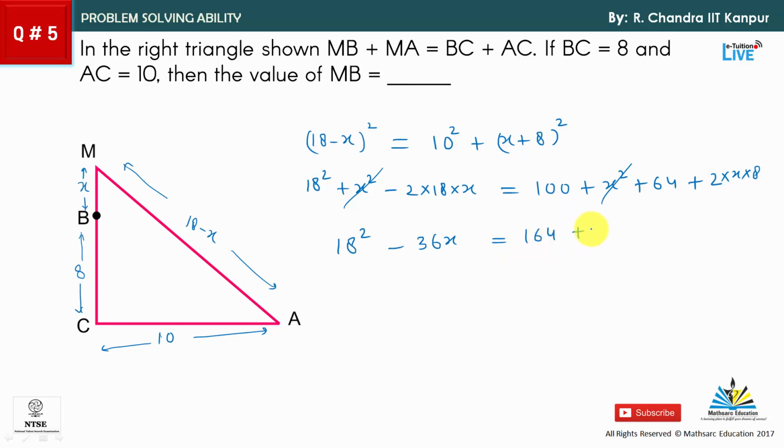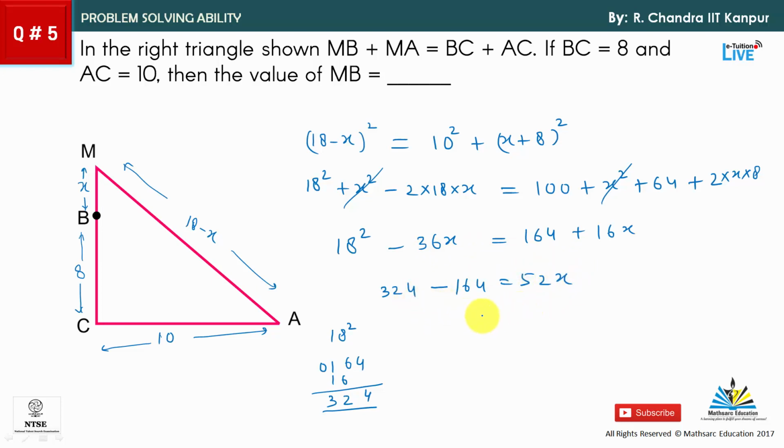164 plus 16x. So this is equal to: 18 square is 324, minus 164 is equal to 36 plus 16, that is 52x.